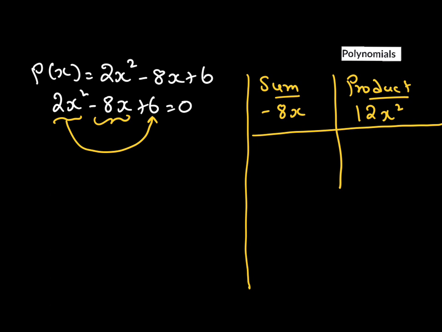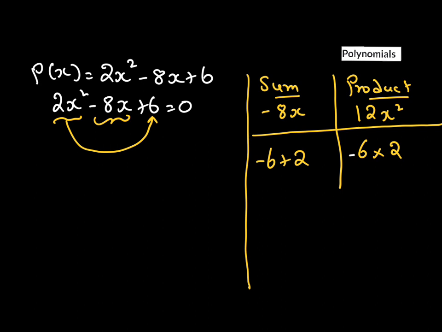If you multiply, you get 12x squared, and if you add them, you get negative 8x. So the two numbers are 6 times 2 will give you 12, and negative 6 plus negative 2 will give you negative 8.